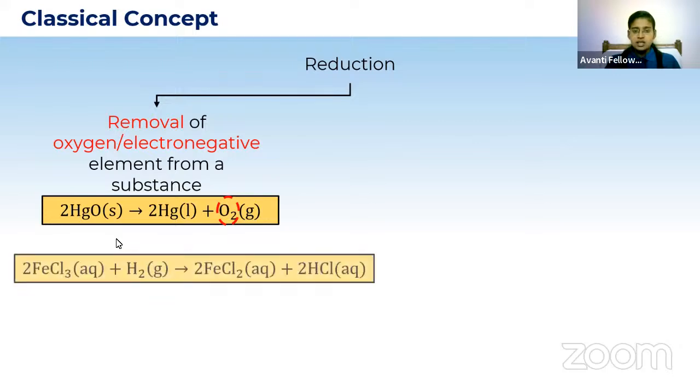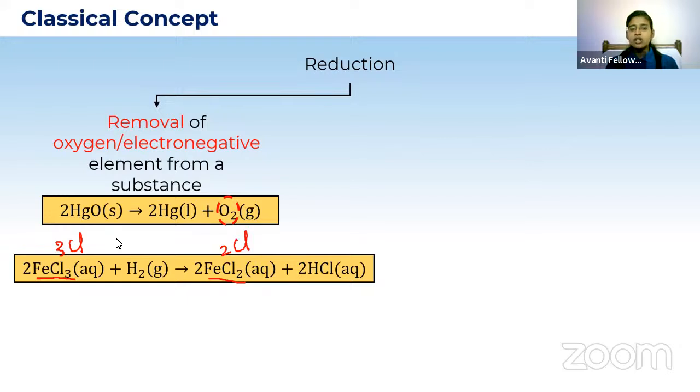Now here in the second example, you see. We have FeCl3 reacting with H2 to give FeCl2 and HCl. So here in the reactant side, we have FeCl3, but here we have FeCl2. So here we have 3 chlorine, but here we have only 2 chlorine. You all know that chlorine is an electronegative element, right?